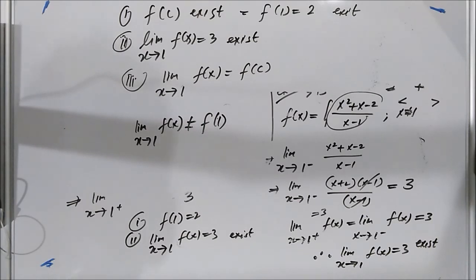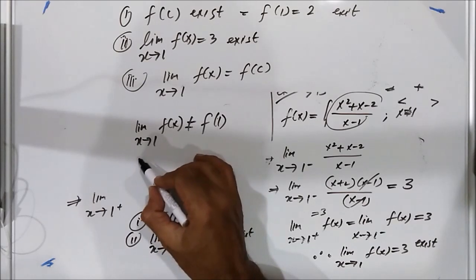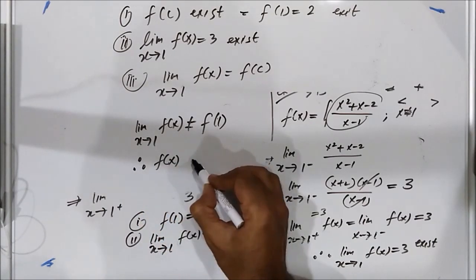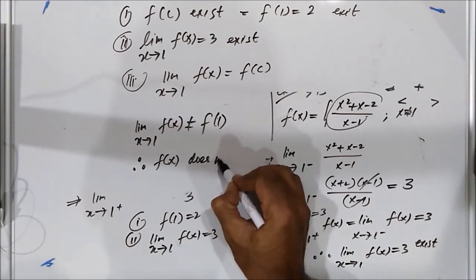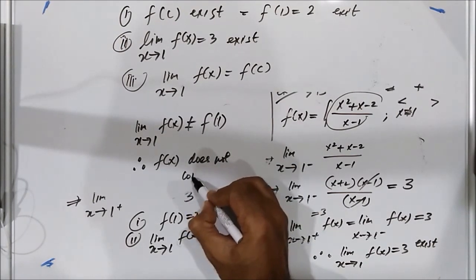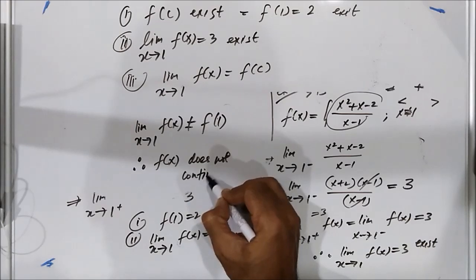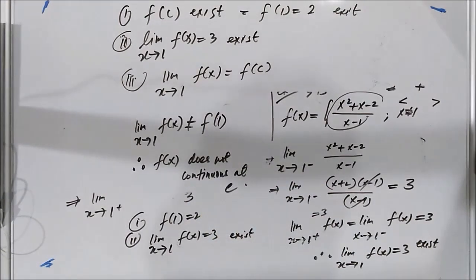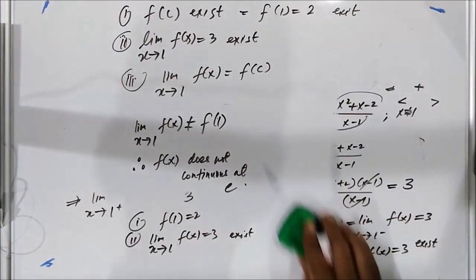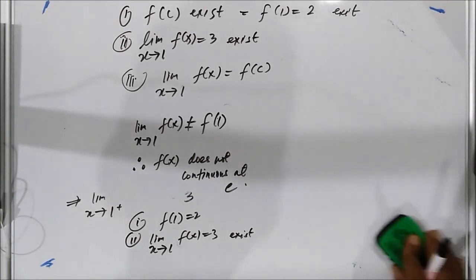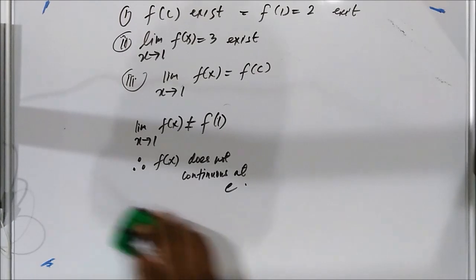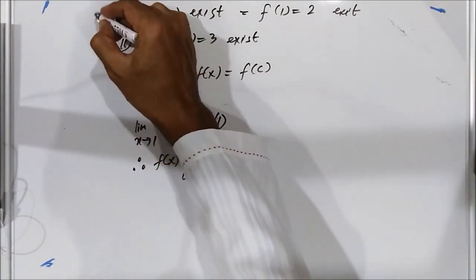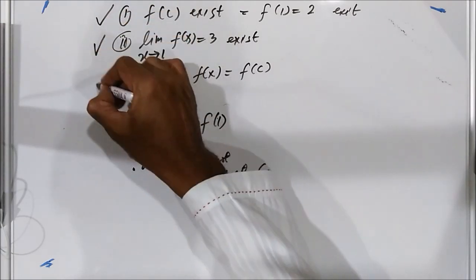So in other words, f(x) is not continuous at c. To show a continuous case, we have to prove the three conditions: condition 1, condition 2, condition 3.